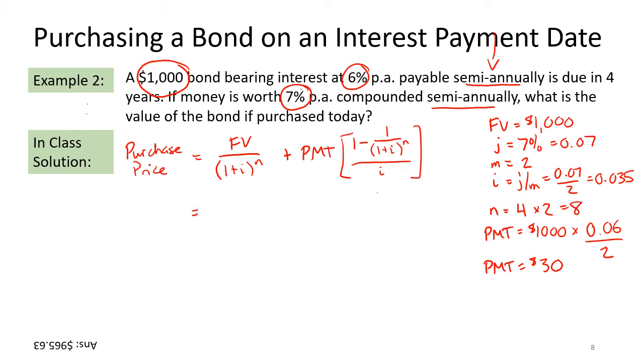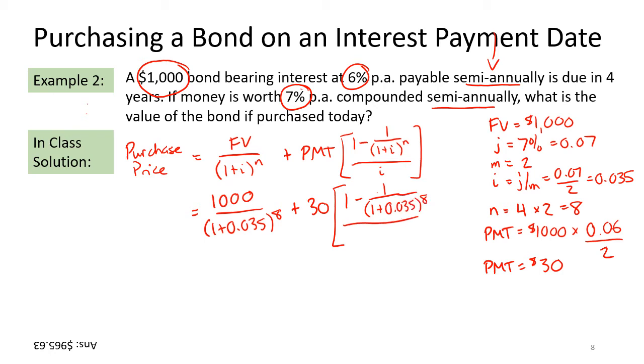So substituting these in, your face value is $1,000 divided by 1 plus the periodic interest rate, 0.035 to the exponent 8, plus your payment, $30, multiplied by 1 minus 1 divided by 1 plus the periodic interest rate, 0.035 to the exponent 8, divided by the periodic interest rate, 0.035.